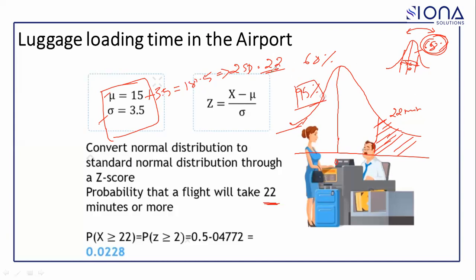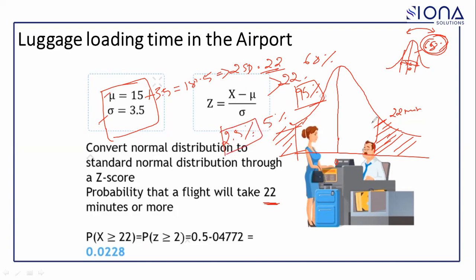But you want to see the probability of the point lying beyond 22. That will be the 5%. But 5% could be here, could be here. Ideally, what will be your answer? 2.5%. 2.5% is the answer.